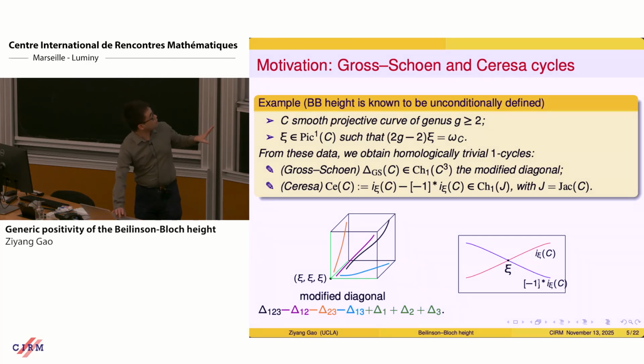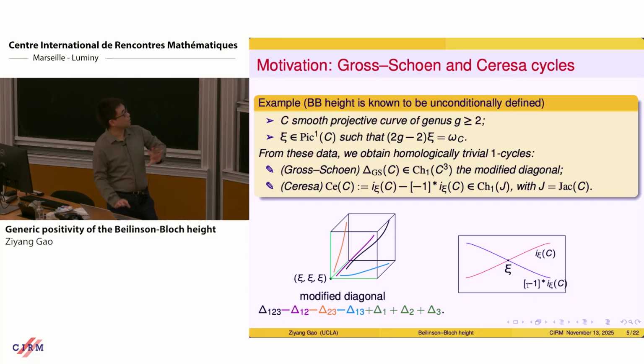The first cycle, the Gross-Schoen cycle, is preferred in number theory because it is related to L-functions and their critical values in a more direct way. The Ceresa cycle is preferred by algebraic geometers because if the Ceresa cycle is torsion, it means that we can deform this red curve to the blue curve over P1, continuously over P1.